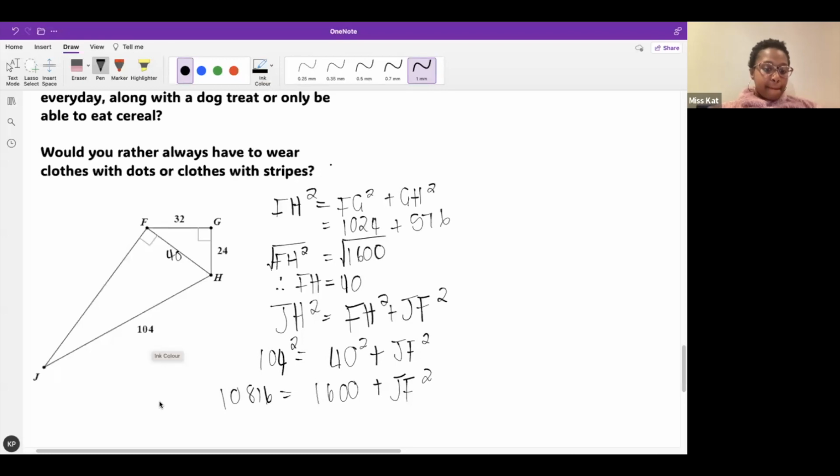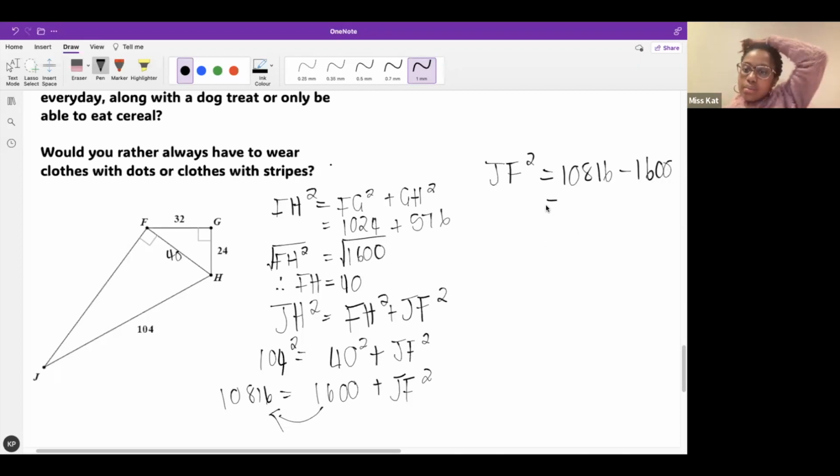Shouldn't we move the 1,600 to the other side? So we take it to the other side, and it becomes a negative. There we go. So JF squared is 10,816 minus 1,600.